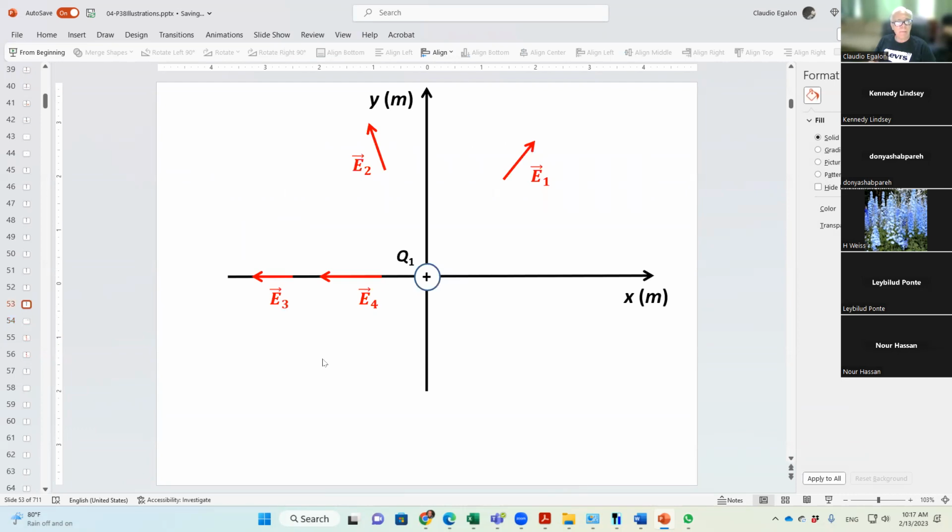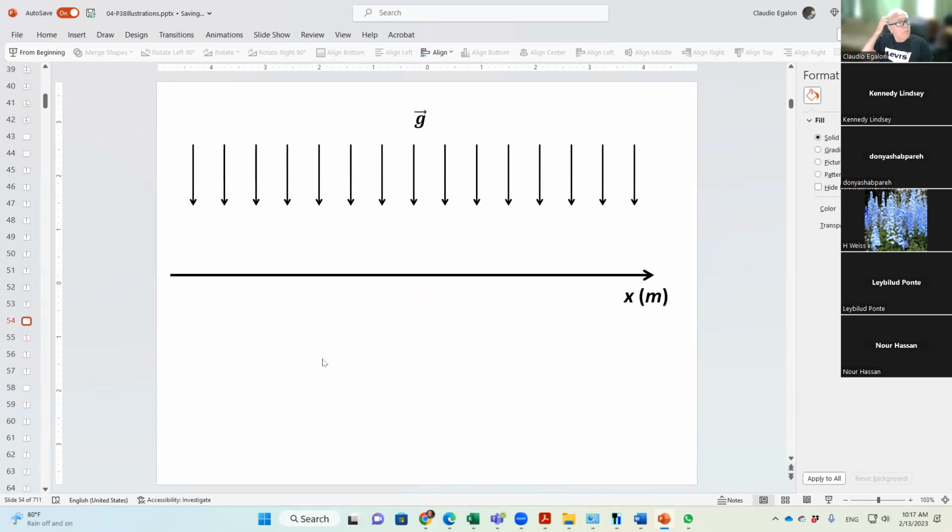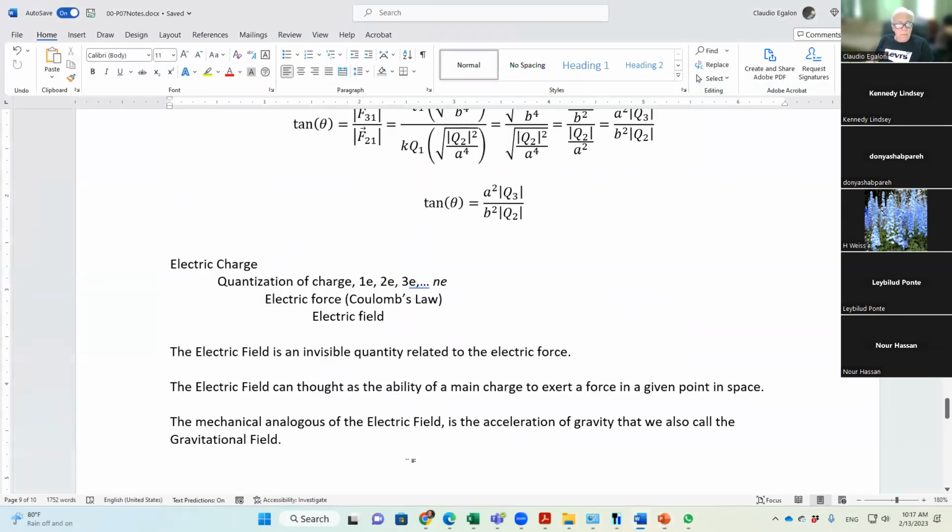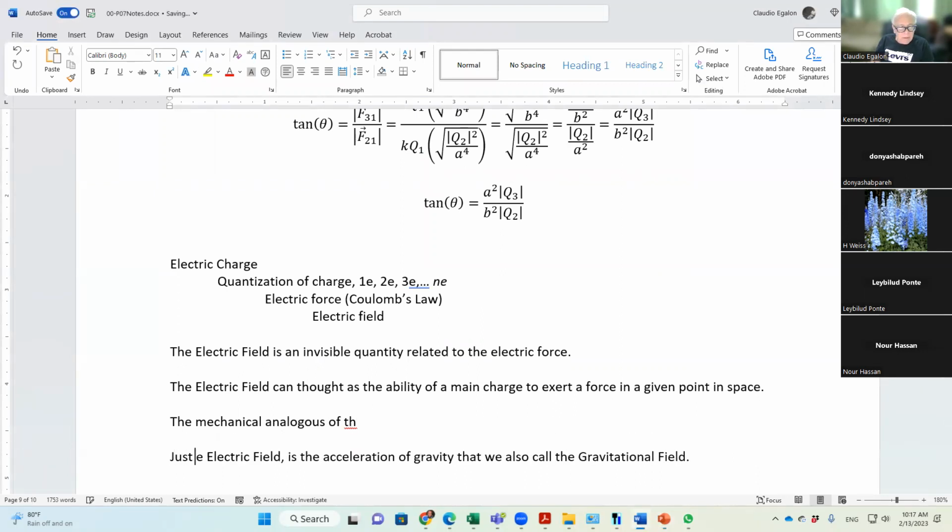Okay, so what's the definition of this electric field? Just remember from physics 6.